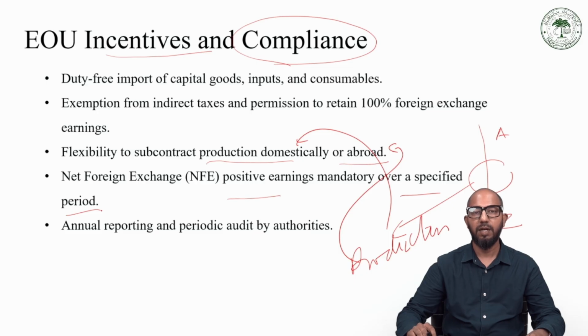If not, then a specific time is given for the underperformer, but if they are not able to perform, then they may not be getting the benefit of export oriented units. Finally, compliance includes annual reporting and periodic audit by the authorities who are responsible for export oriented units.